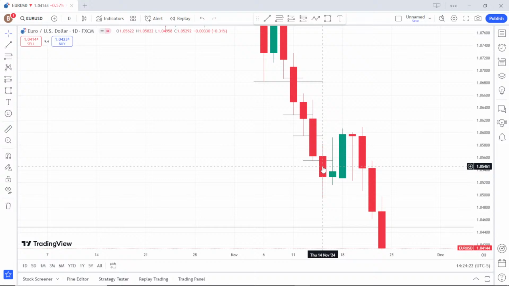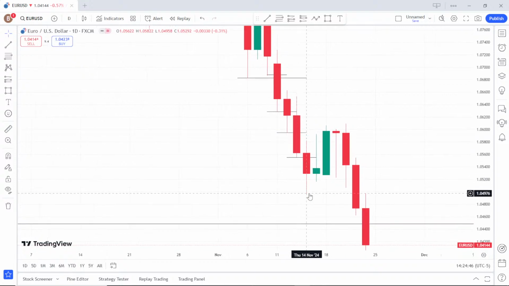All you just have to do is target the next low, target the previous daily low, the previous daily low, and you're good to go. And then as you keep gravitating all the way down, you keep gravitating to this liquidity point.